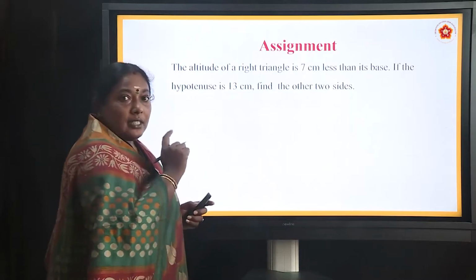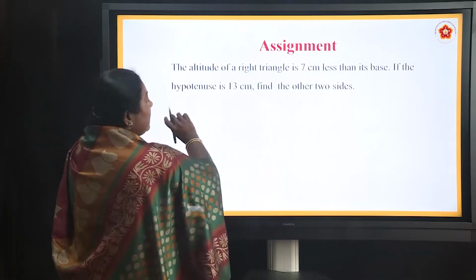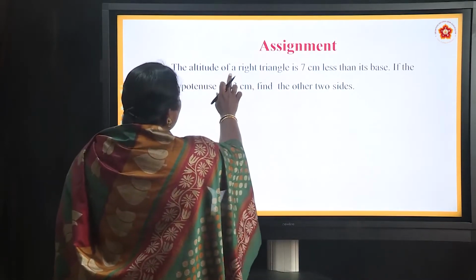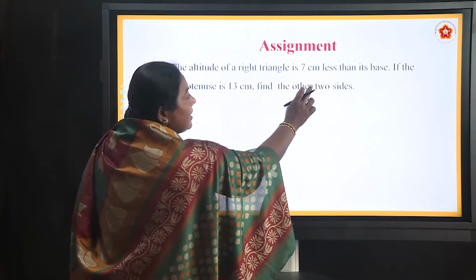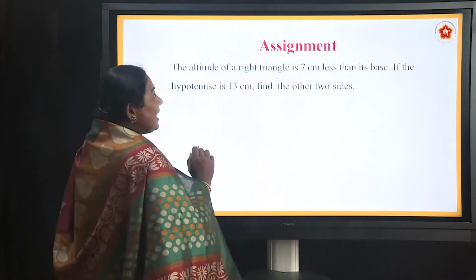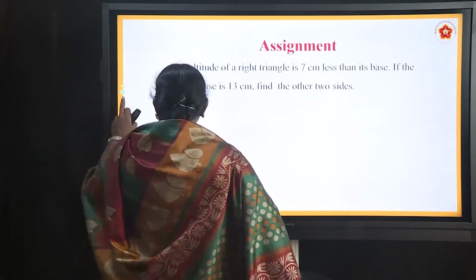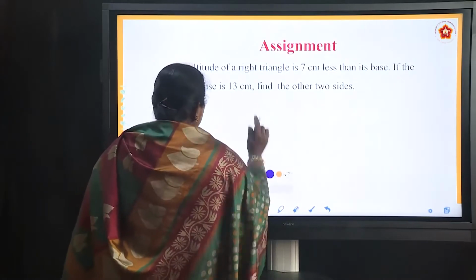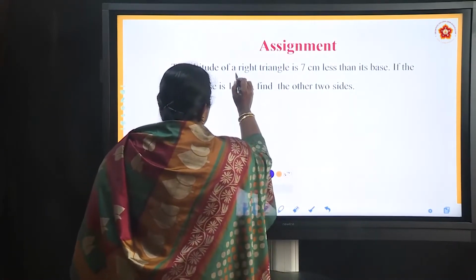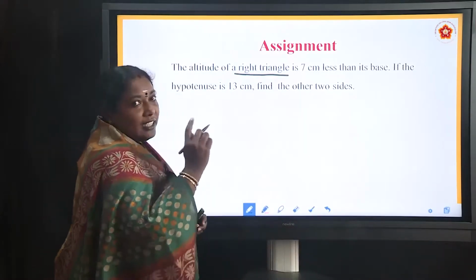In the previous session, we gave one sum. This is the one. The altitude of a right triangle is 7 centimeter less than its base. So, in the first line itself, they have given a clue: the altitude of a right triangle.